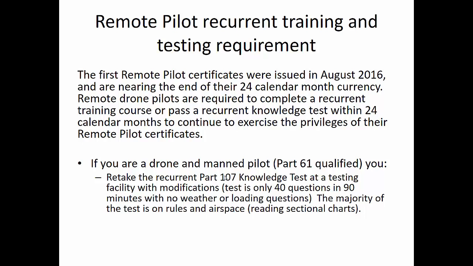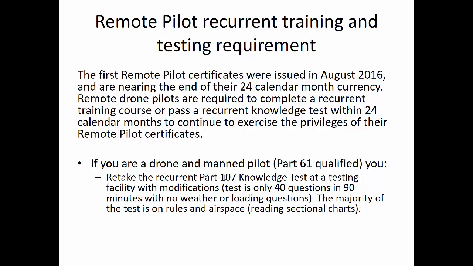The couple of things that test does not have on it is any weather-related questions that I showed you, and I didn't show you any questions related to loading of the drone itself or the aircraft itself. Those are not on it. The majority of the test is on the rules that we've talked about and airspace, such as the airspace question I showed you in reading sectional charts.